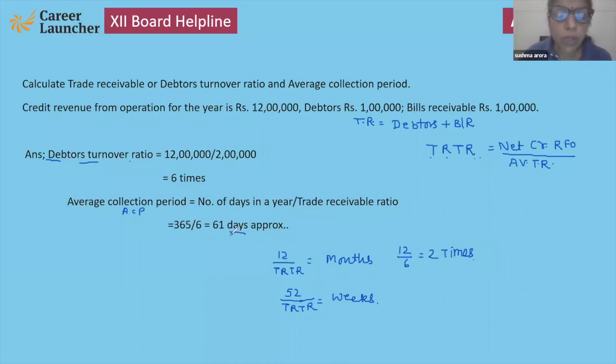They want to know in days or they want to know in months. Please check that. Formula is this: net credit revenue from operation, which is given in the question. Sometimes the question comes with total revenue from operation and they give you cash RFO. Then deduct that cash RFO from total. So you will come to know credit.